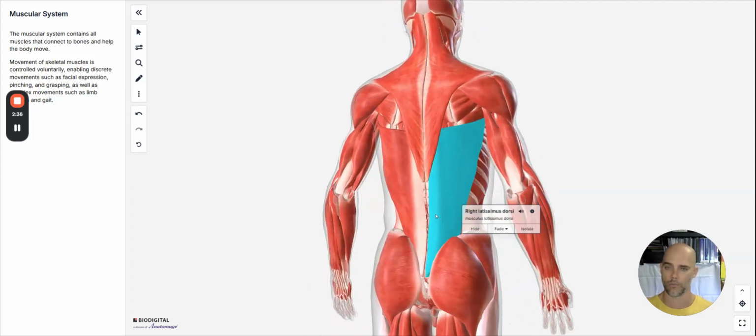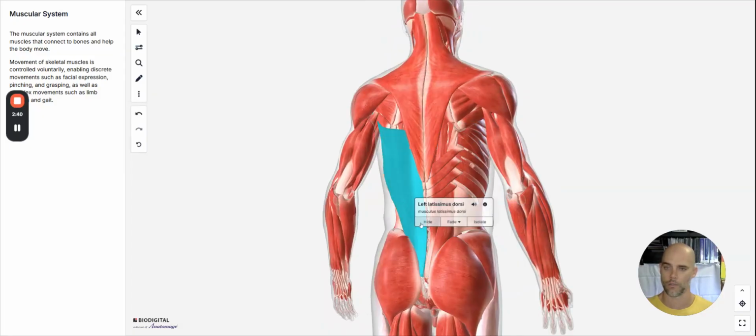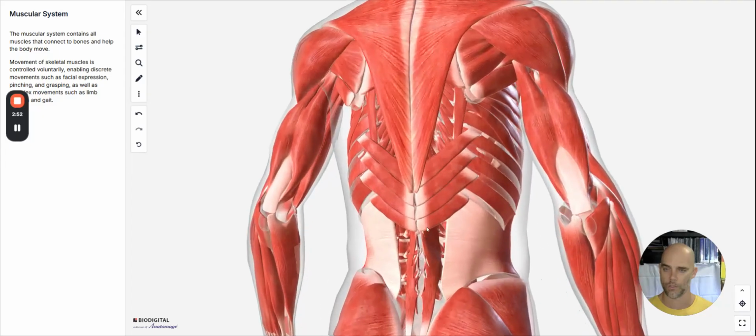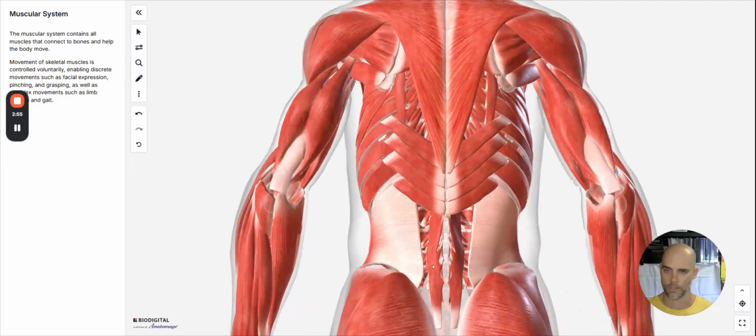Then we turn off all these erectors and lat dorsi, and we can zoom in here. What we start to get to is the multifidus.